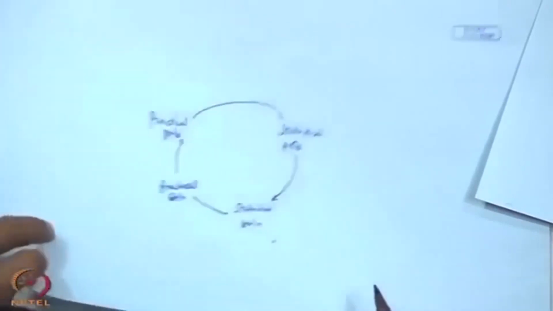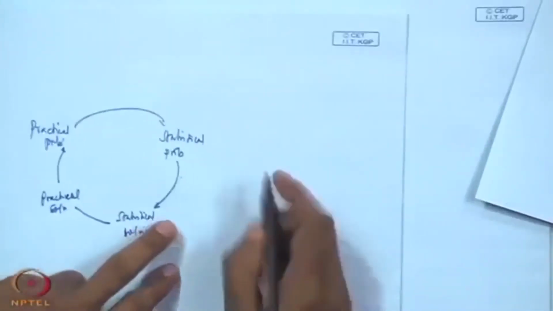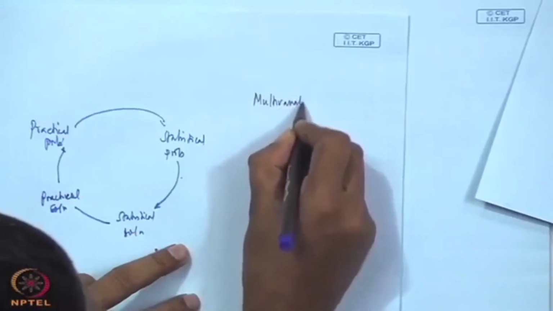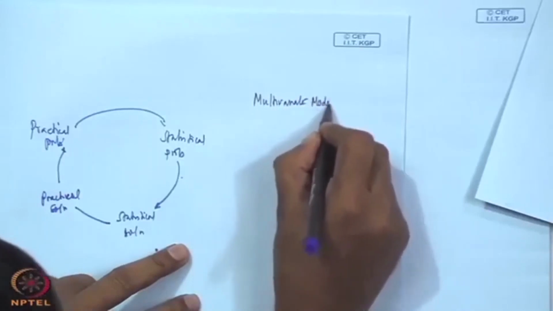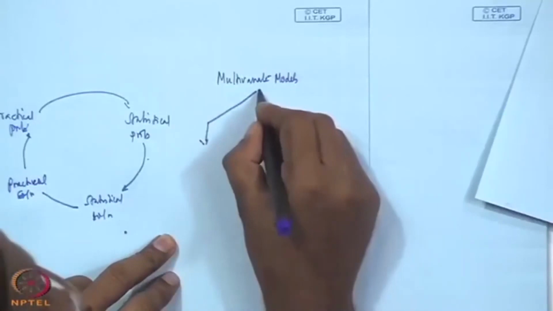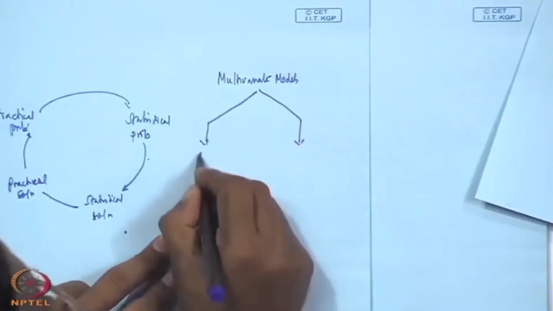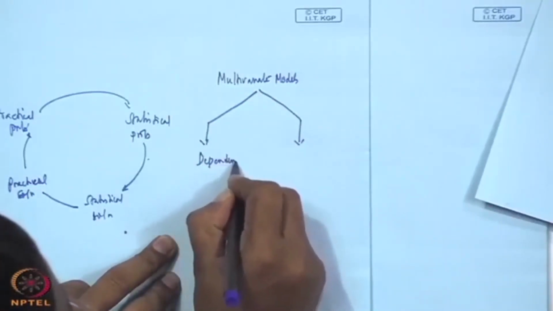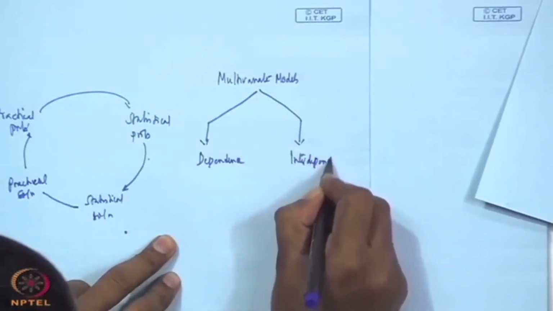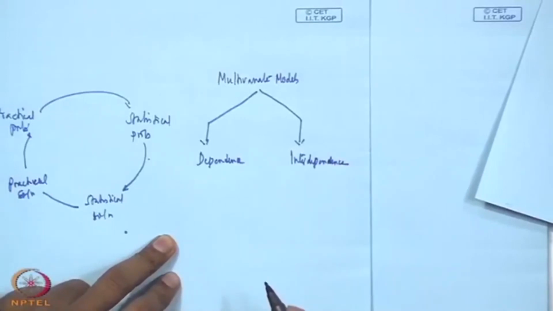And you have also understood that in multivariate models there are two sets of modeling techniques. One is dependence, another one is interdependence. Correct.